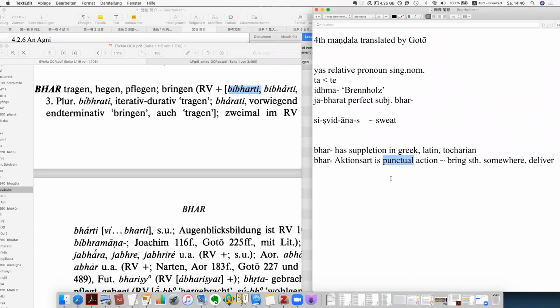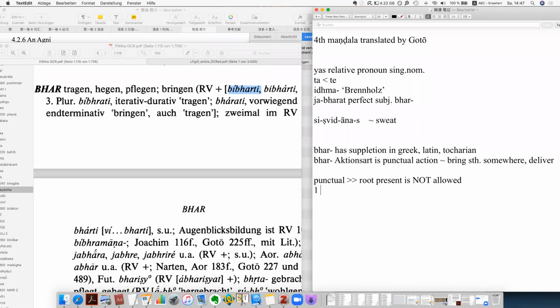So it is punctual, which means the root present is not allowed.